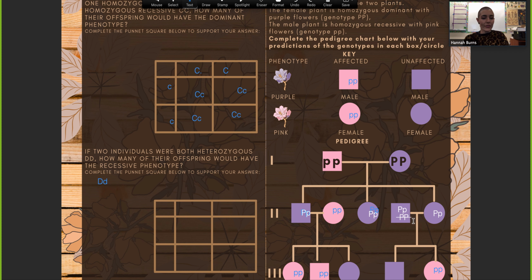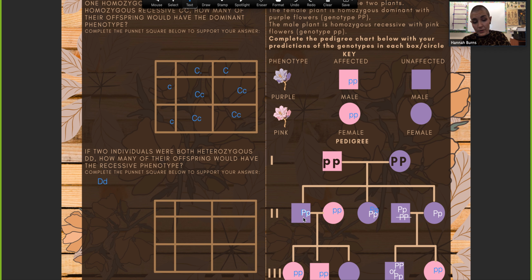And then based off of that, if we have 2 heterozygous parents, then there's a chance that we could have a homozygous dominant offspring, or we could have a heterozygous offspring. This is one of those instances where we don't know for sure, and that's okay. We can just say or.